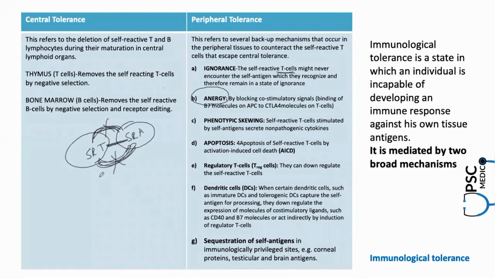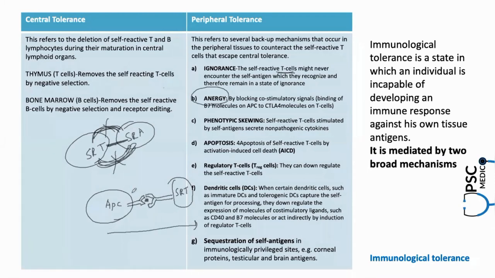So what are the co-stimulatory signals? If this is an antigen presenting cell, it has MHC molecule 2 in it, and if this is the antigen and here is a T cell receptor and this is a self-reactive T cell, the binding of these three is not enough.